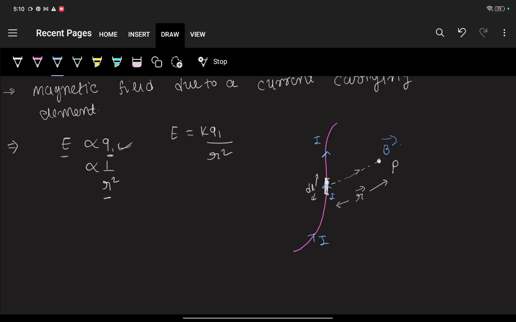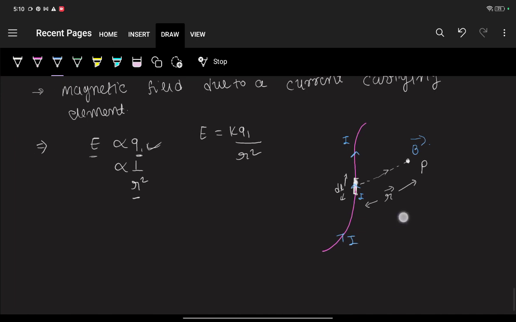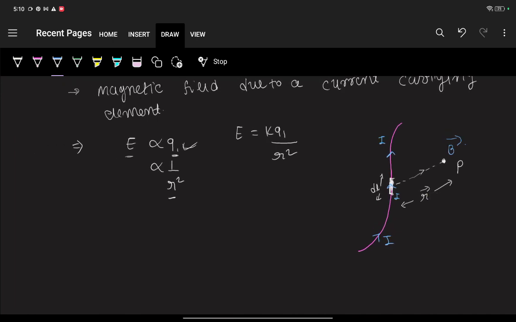According to the Biot-Savart law, the magnitude of the magnetic field, let's say here the magnetic field is very small, dB, is directly proportional to the current element, dl into I. In electrostatics, charge was the source of the electric field.